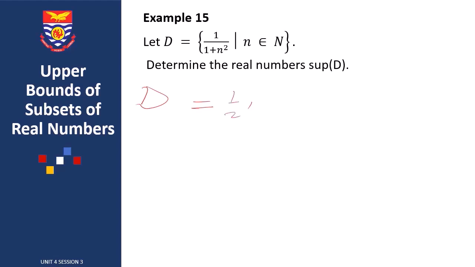Then I put 2 inside, get 1 on 5, and then 1 on 10, up to 1 on 1 plus n squared.